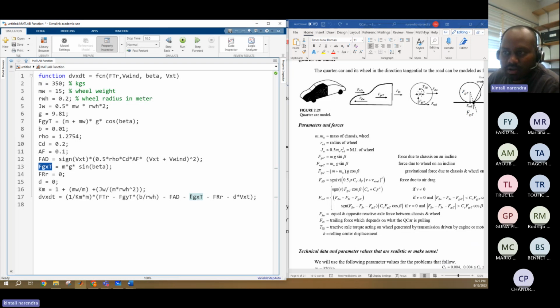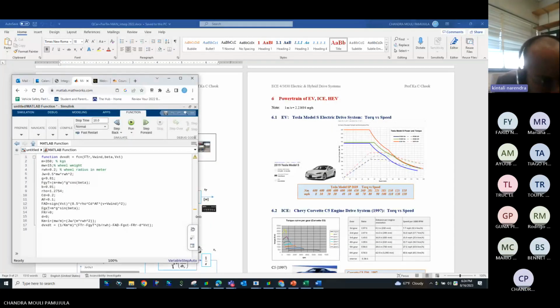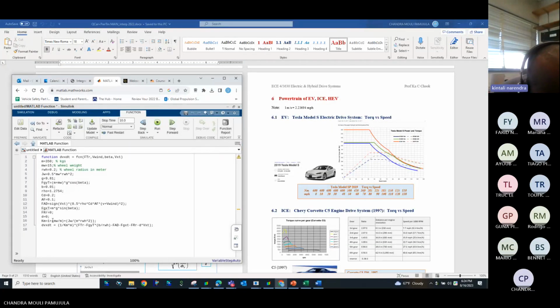First step is this one and this semicolon at the end. I hope you are seeing my screen. FGXT there has a capital T. In line 17, the T is a small letter. Thank you.